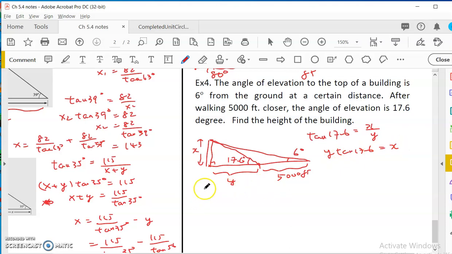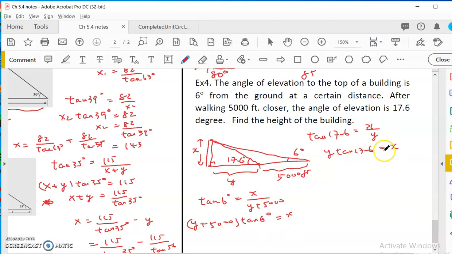And then let's look at the second one. The second one is this big right triangle. We have 6 degrees and we have side x and side y plus 5,000. So I set up tangent 6 degrees. O is x again, and this adjacent is not y but y plus 5,000. So I multiply both sides by y plus 5,000, the whole thing, not just 5,000, times tangent 6 degrees, equal to x.